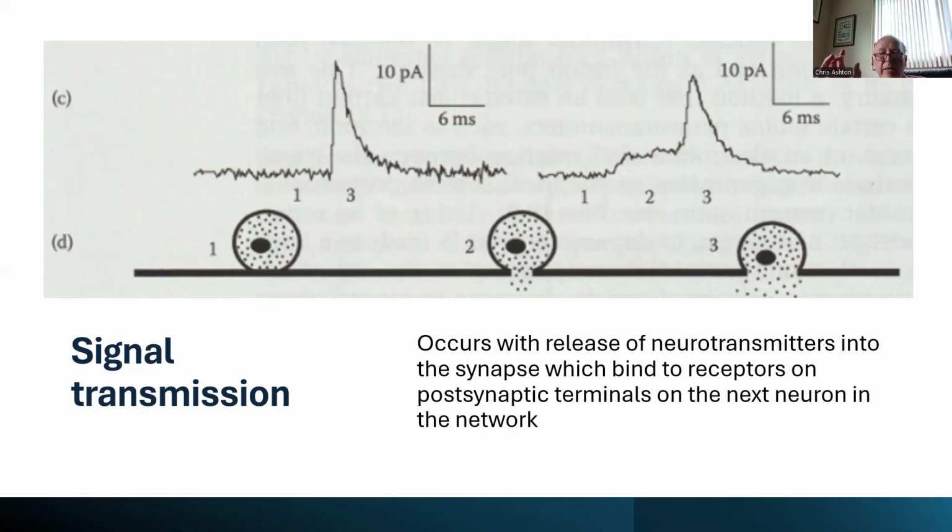And so the gates open at 2, and at 2, we start seeing evidence, and the measurements at the top here at what's labeled C, the graphs, that's actually in the postsynaptic receptor. That's on the other side of the synapse.